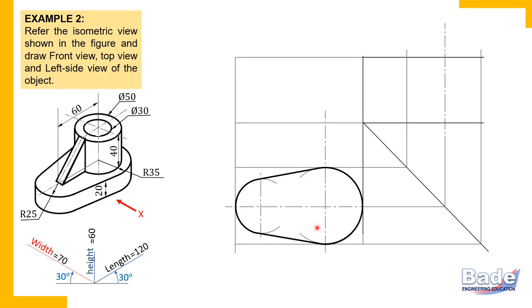For example, if it is a cylinder, we place it in such a way that its circular surface is parallel to one of the three reference planes: HP, VP or PP. If the flat circular surface of the cylinder is parallel to HP, then in the top view it appears as a circle, and the remaining two views are rectangles.